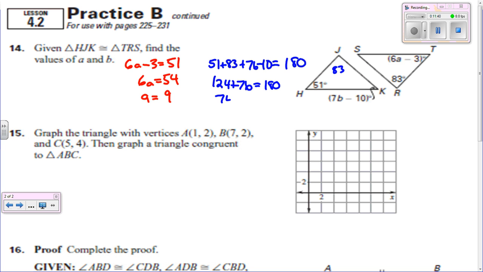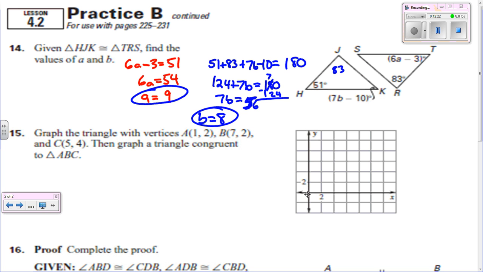Subtract the 124, you get 7B equals, I don't know that off the top of my head, 56, sorry. So then divide by 7, B equals 8. So A equals 9 and B equals 8.